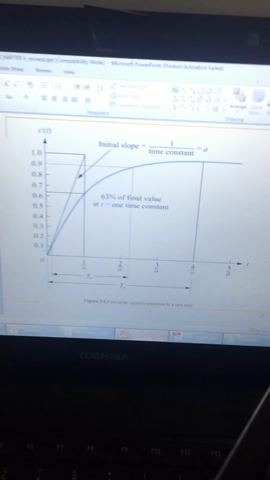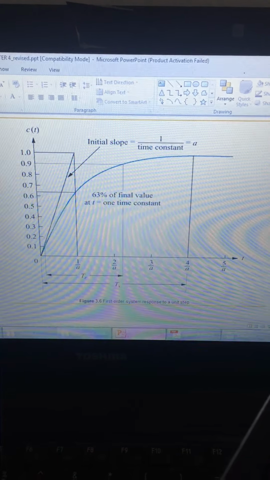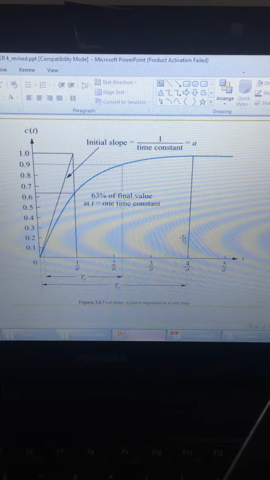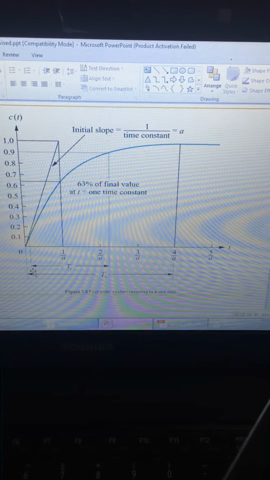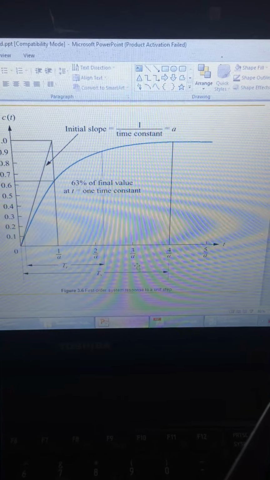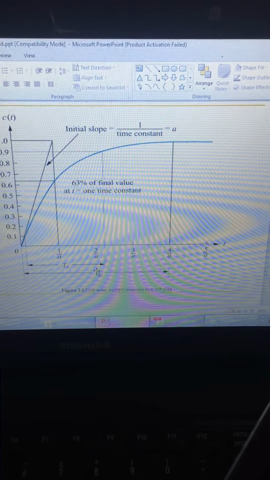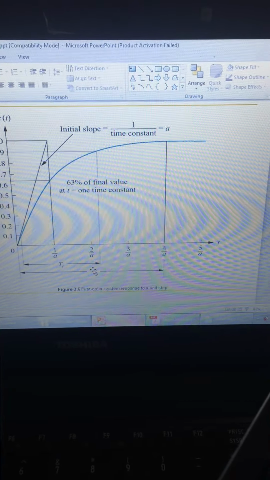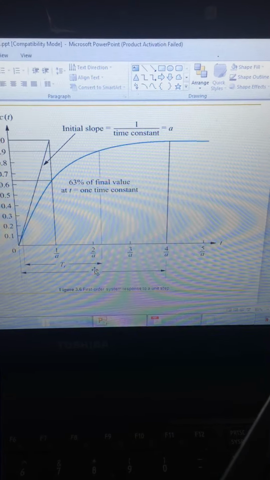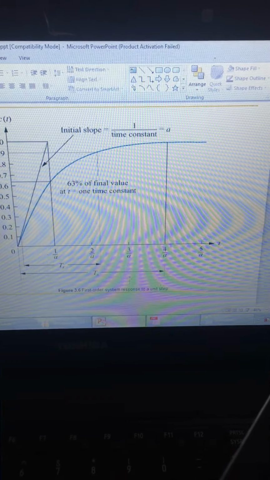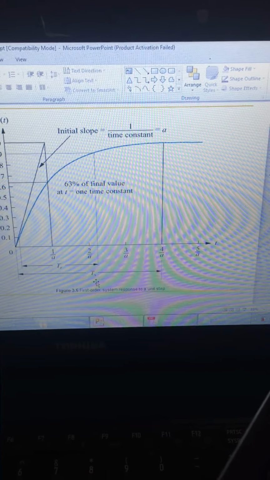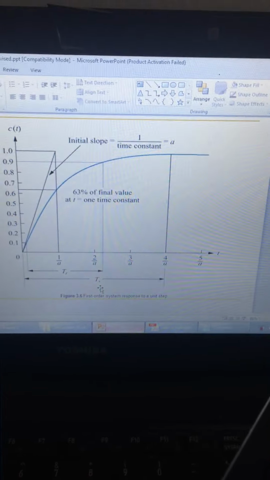You can see this is the settling time, the 4 tau, until here. From here to here, this is 2.2 tau, which we call the rise time, TR, and from here to here, that one we call TS, the settling time.